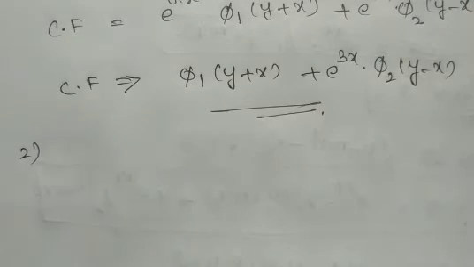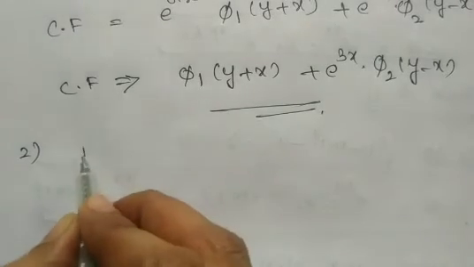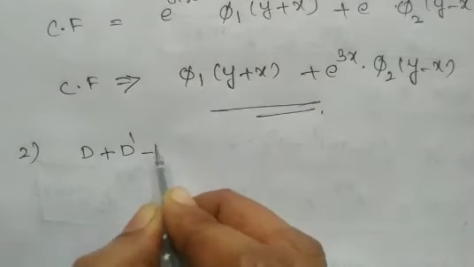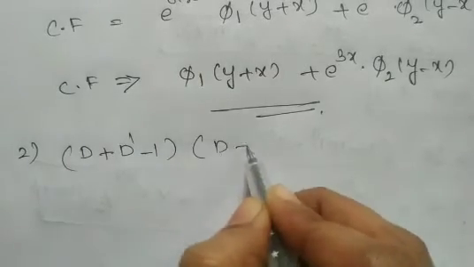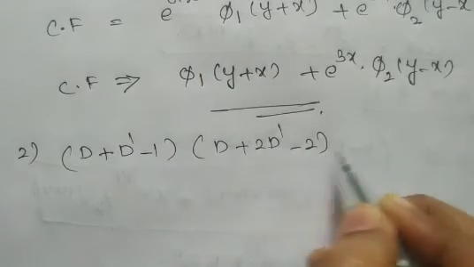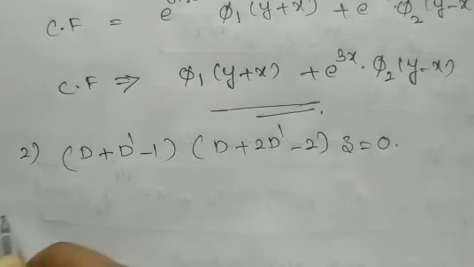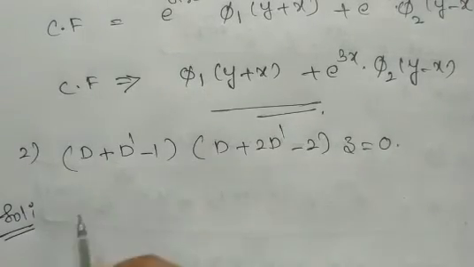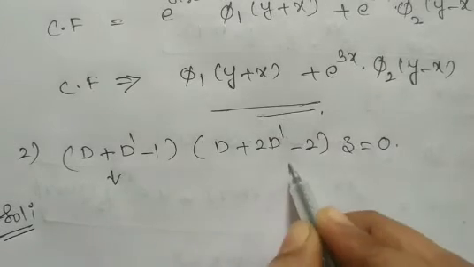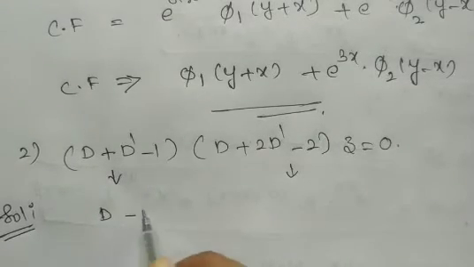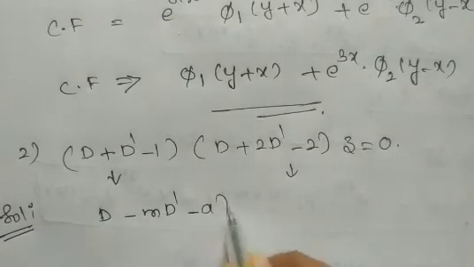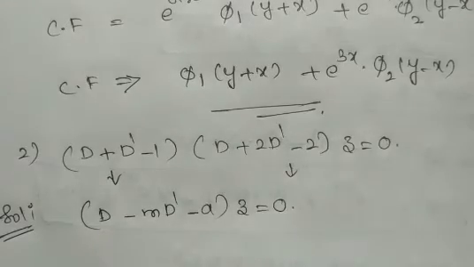Next I am taking one more problem: (D + D' - 1)(D + 2D' - 2) z = 0. This is also in the form of (D - mD' - a) z = 0.